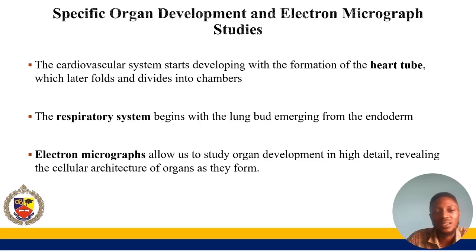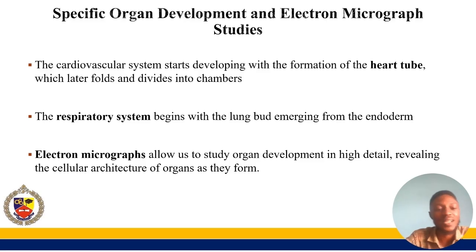The cardiovascular system starts developing with the formation of the heart tube, which later folds and divides into chambers. There are 4 chambers of the heart: the left and right ventricles, and the left and right atria. Let's look at the respiratory system, which begins with the lung bud emerging from the endoderm.